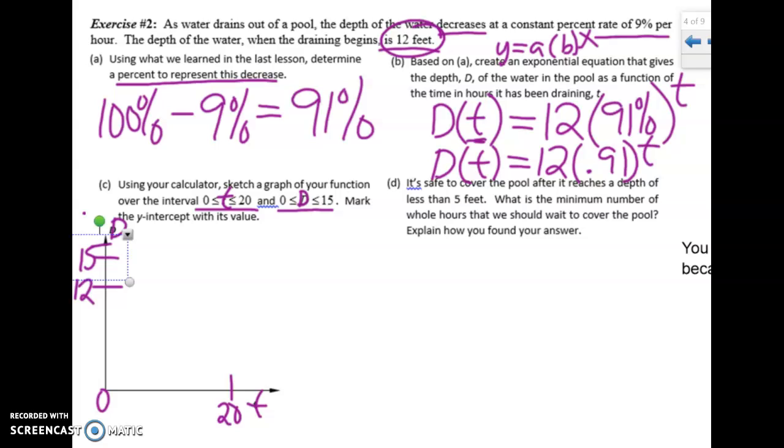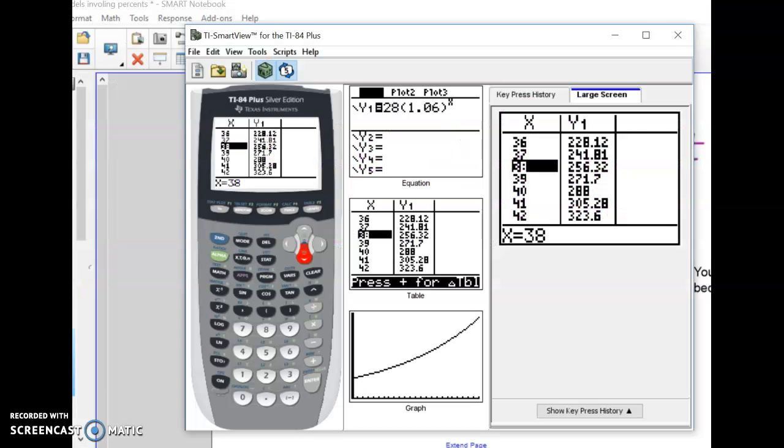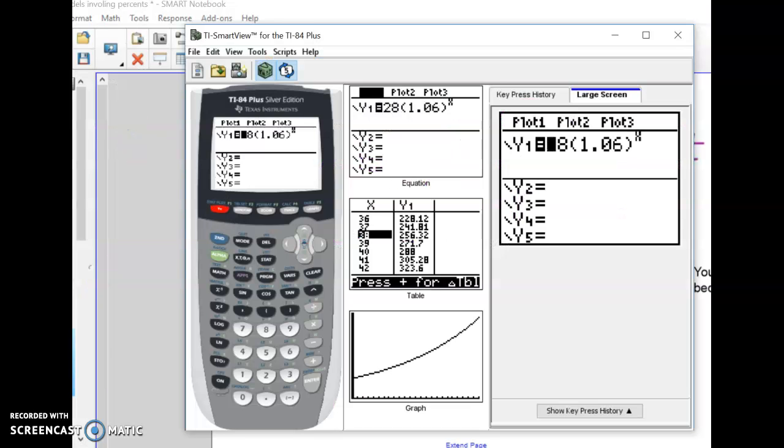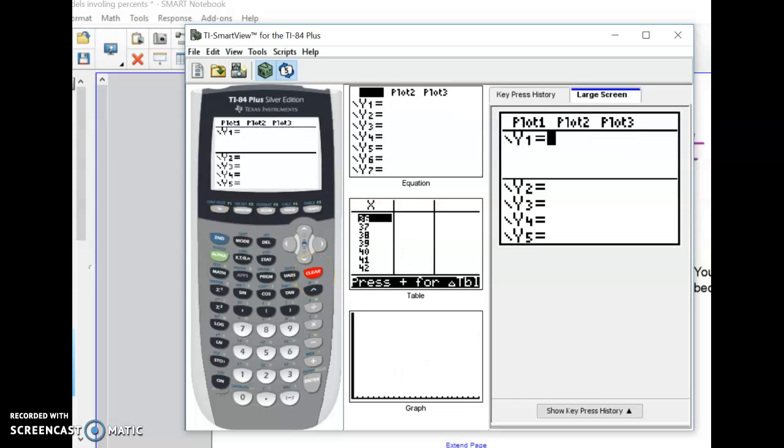Well, let's get to the calculator, and I'm going to have to change some things, which means we start with the y equals. So let's get rid of this equation and enter in our new one, which started at 12 feet of water and multiplied by 0.91, close your parenthesis, raise it up to the x power.